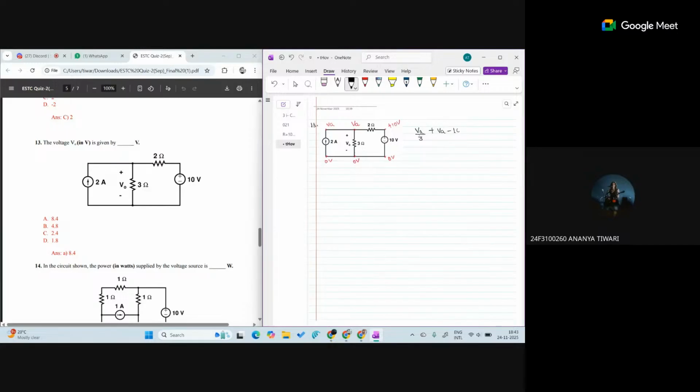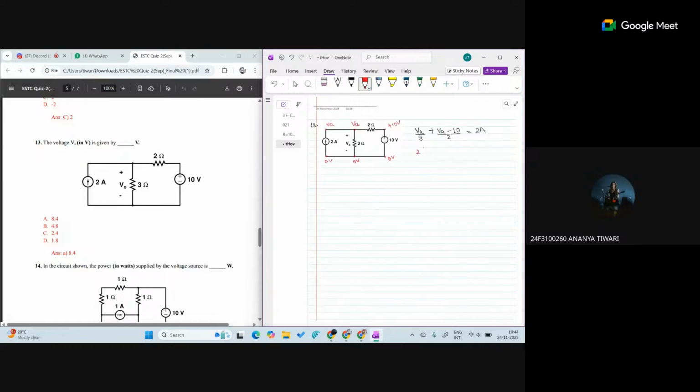It's just VA minus 10 volt, and this 2 ampere is coming, so it would be 2 ampere like this. Can you please say it instead of writing in chats? So now we will take the LCM.